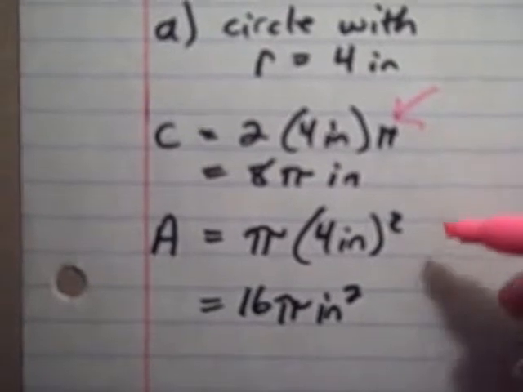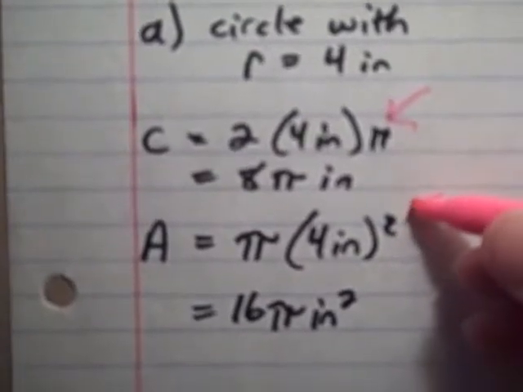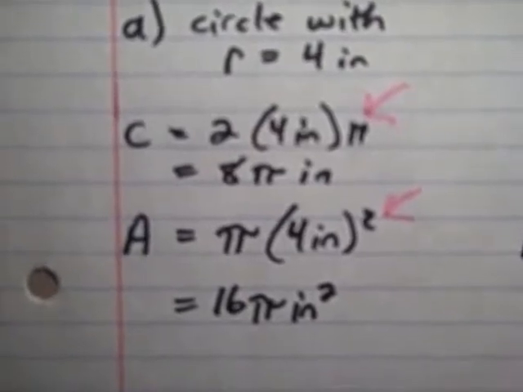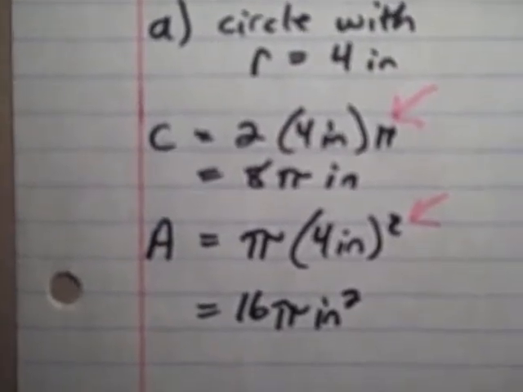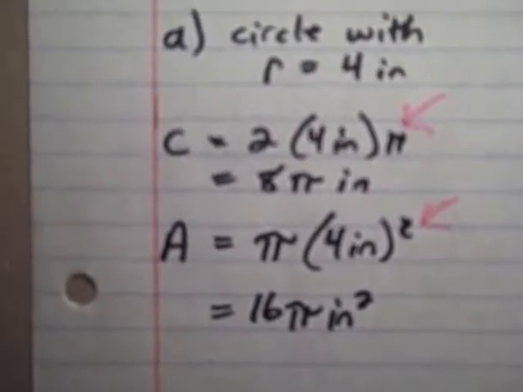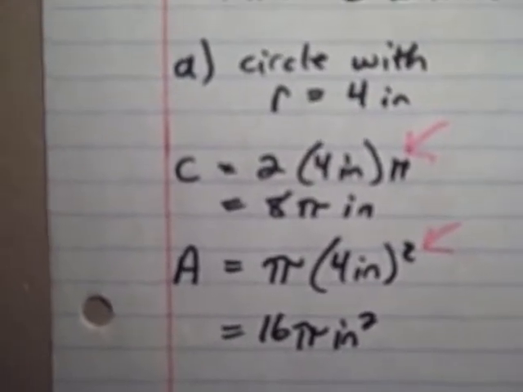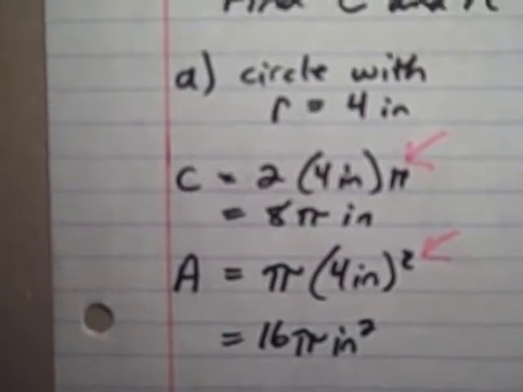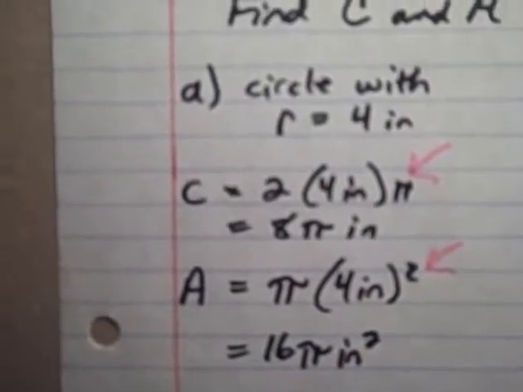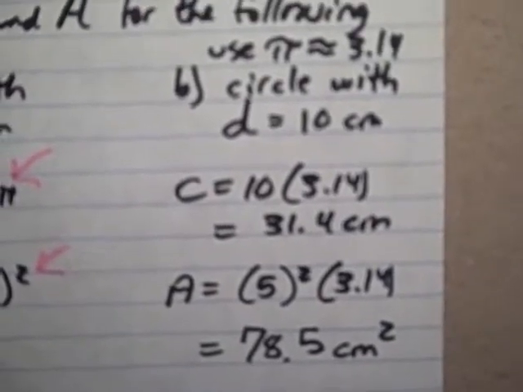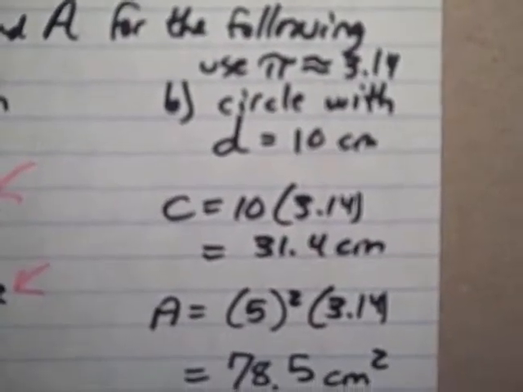For the area, it'll be pi times the radius squared, which is 4 inches squared, and therefore the area is 16 pi inches squared. We can predict that just by knowing what the radius is. That's actually pretty fascinating.